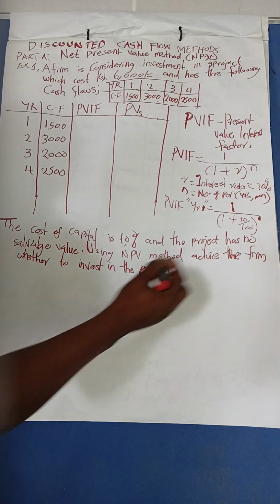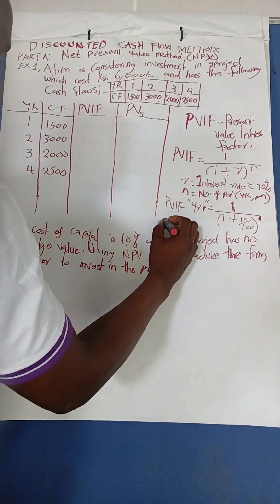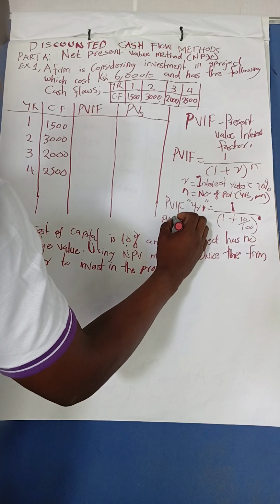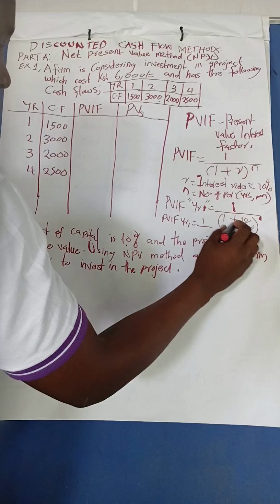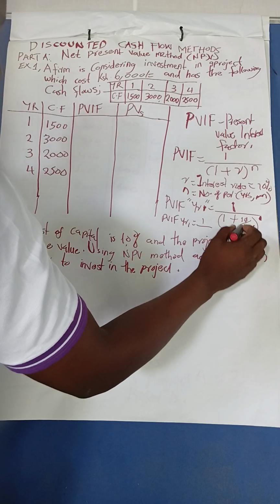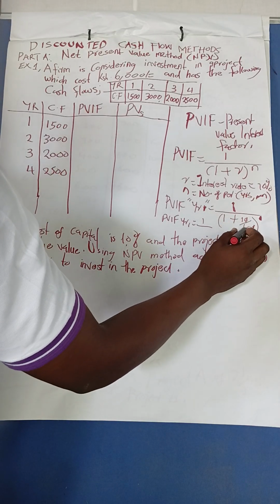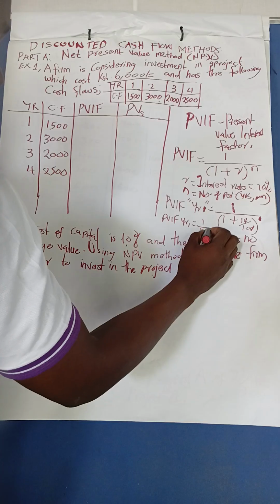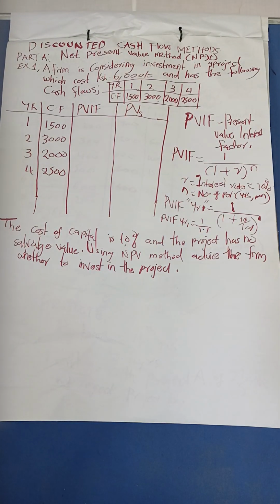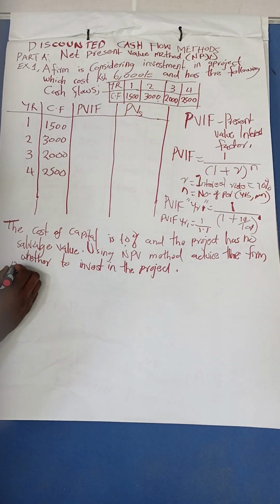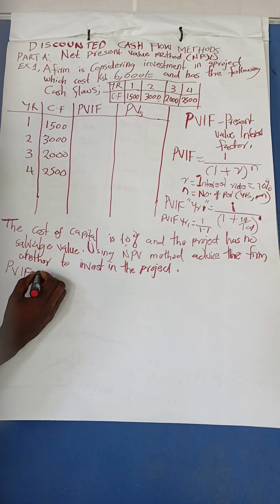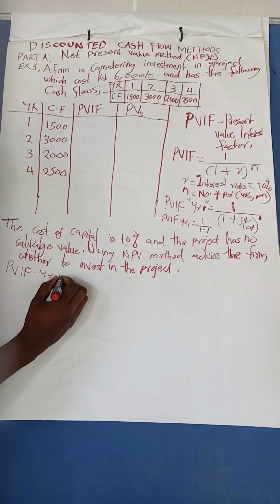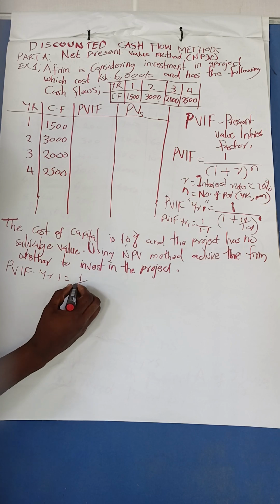So in this case, the PVIF for year 1 will be 1 divided by 1 plus 0.1, which is 1.1. So divide with your calculator. PVIF year 1, it will be what? 1 divided by 1.1.